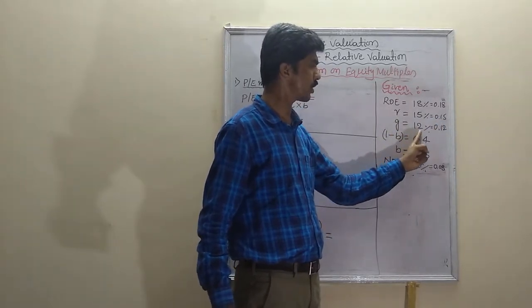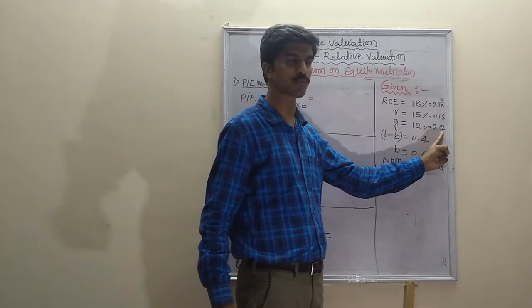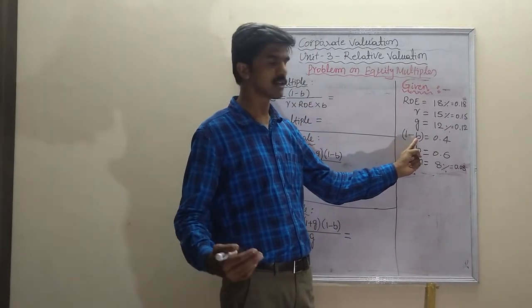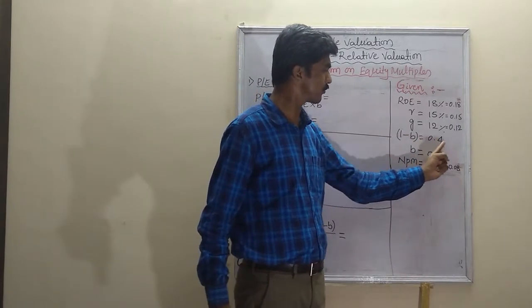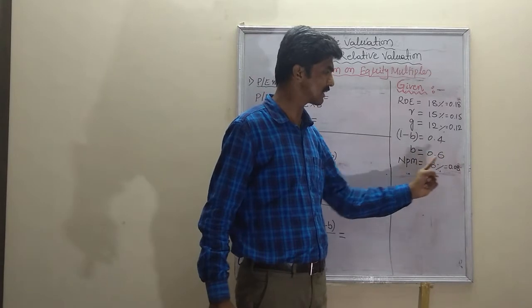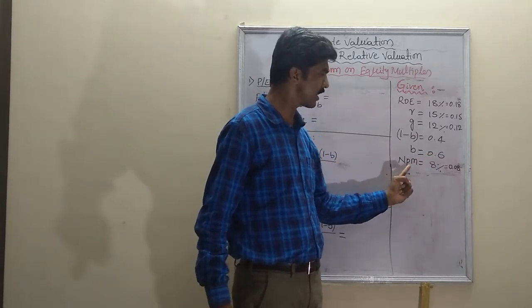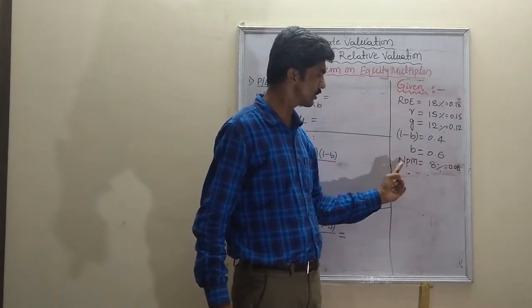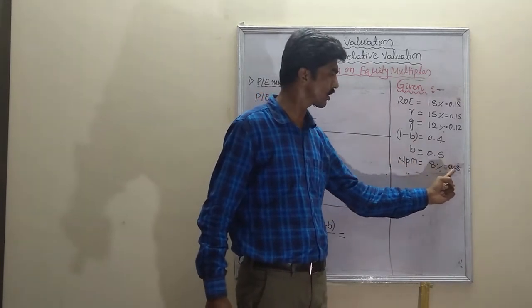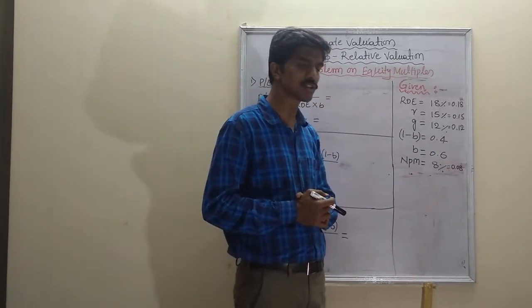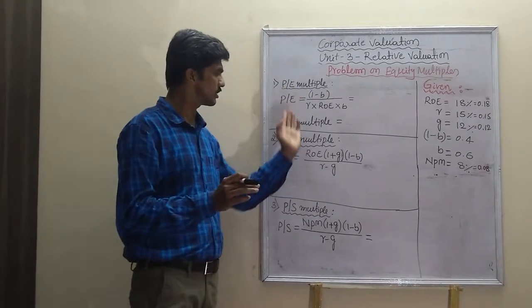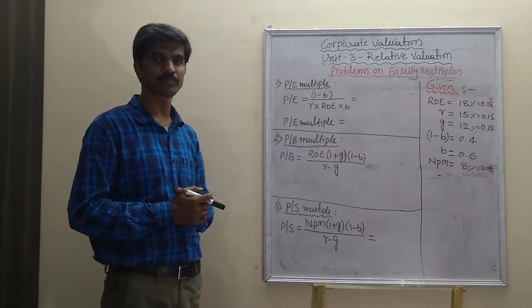Growth rate, 12%, can be written as 0.12. 1 minus B is 0.4. B value, 0.6, is given there. NPM value, that is net profit margin value, is given as 8%, which can be represented as 0.08, and they are asking us to calculate these three multiples.